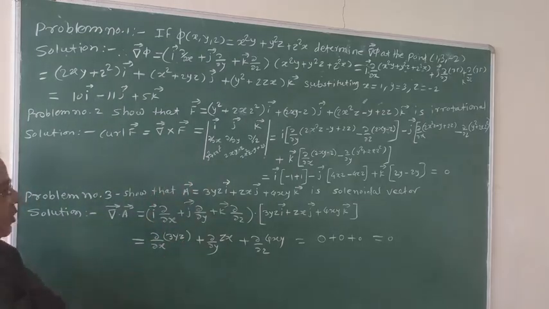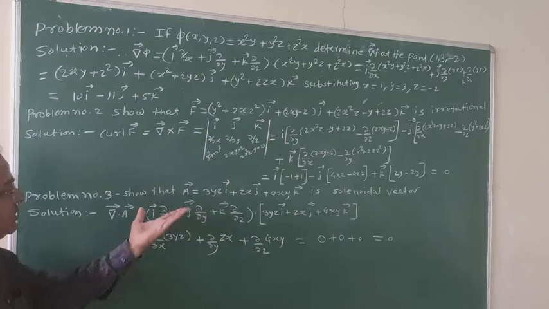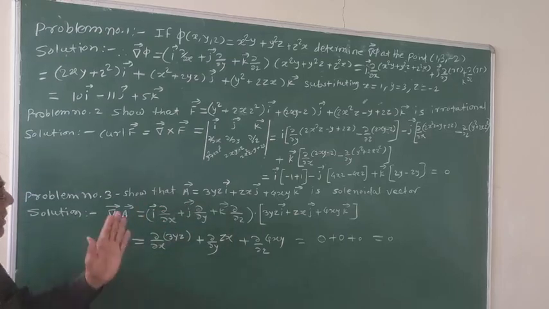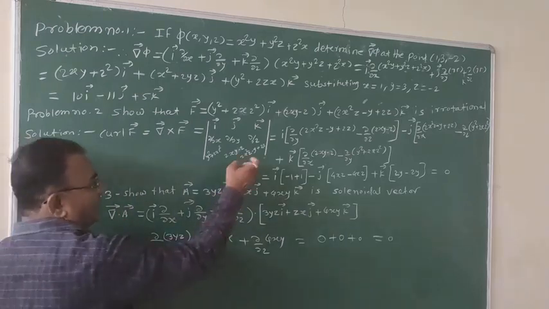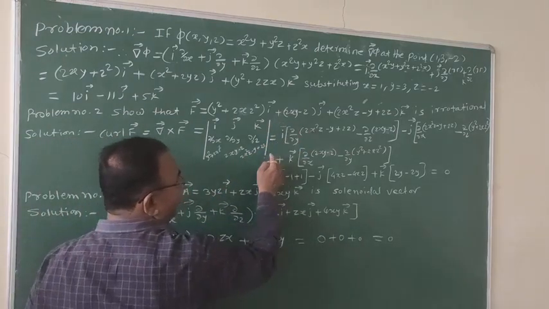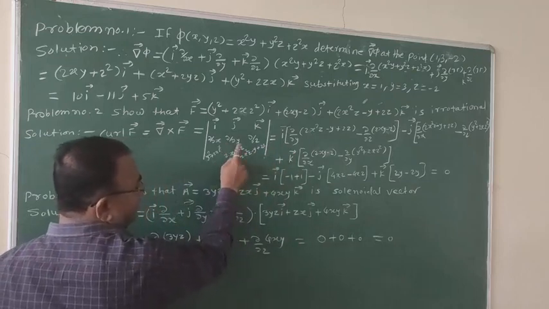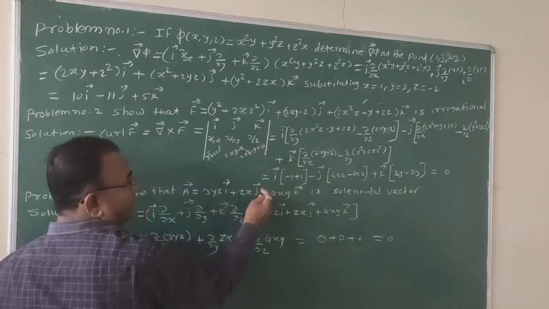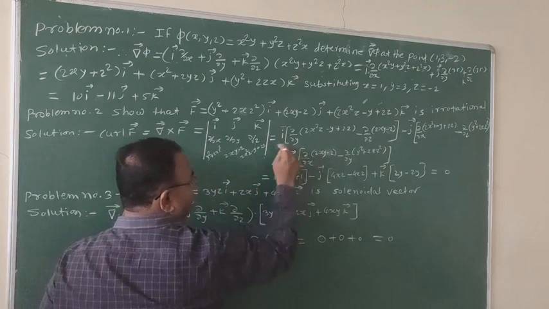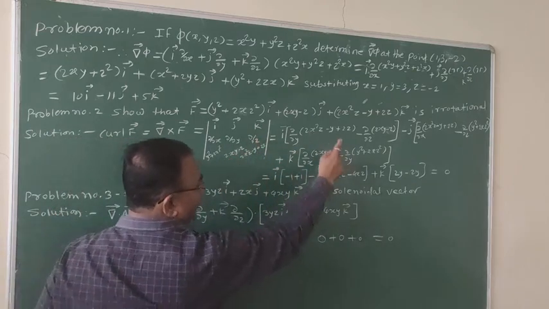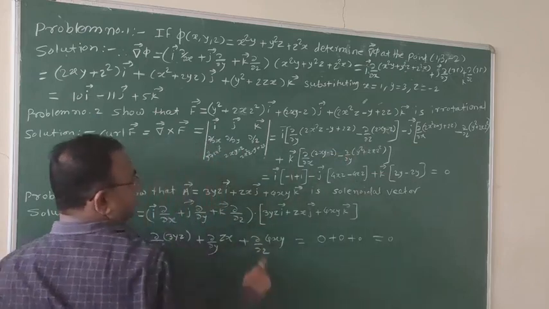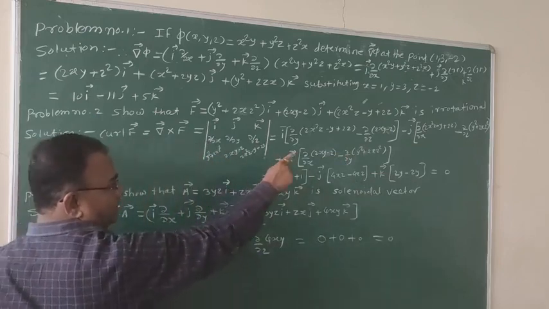You are already familiar with the concept of determinant and how to solve that determinant. But here, by considering i bar into ∂/∂y operating on f3, putting the value here, minus ∂/∂z operating on that value, that is f2.